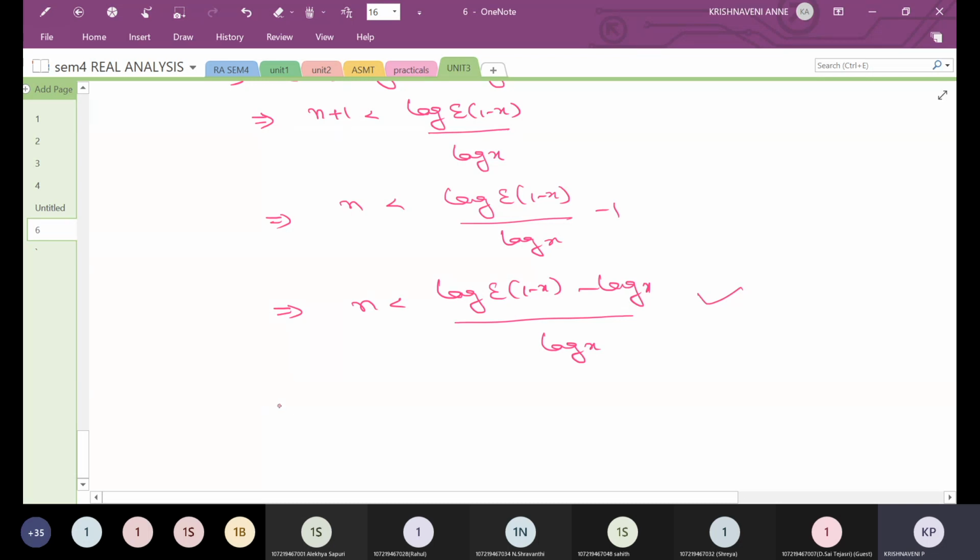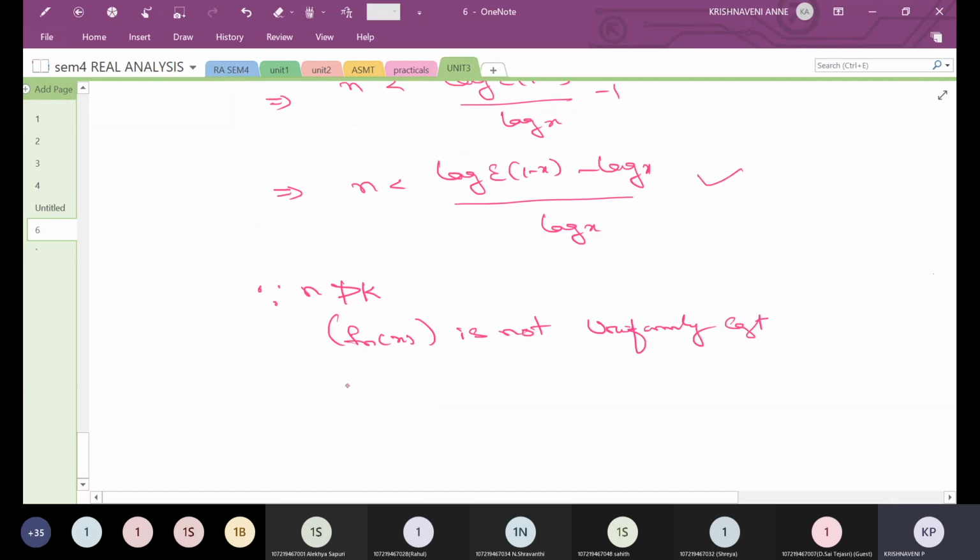So we'll just write: since n is not greater than some constant k, which is a natural number, the sequence fn of x is not uniformly convergent. Therefore, summation x power n is not uniformly convergent.